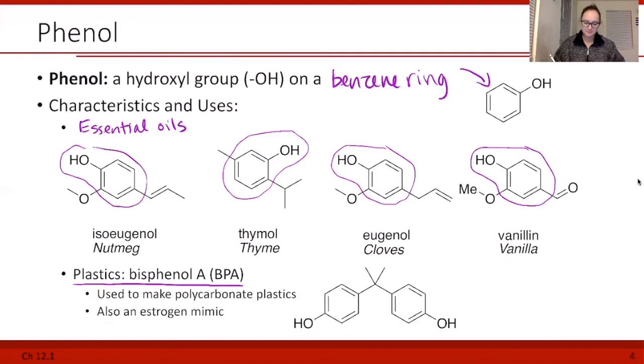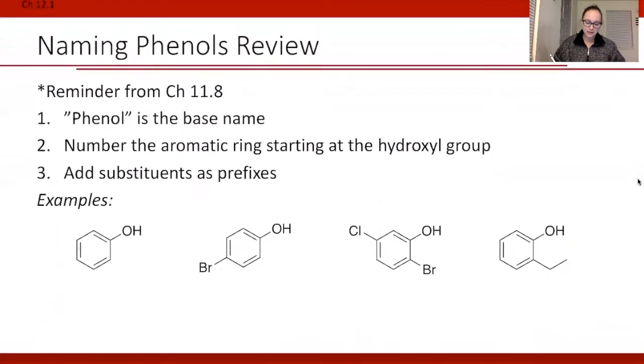And lastly, real quick, naming phenols review. So we had this back in chapter 11.8, but phenol is going to be our base name instead of like the number of carbons or anything like that. Phenol will be the base name. We number the aromatic ring starting at the hydroxyl group and then add substituents as prefixes. So for example, this one's just phenol.